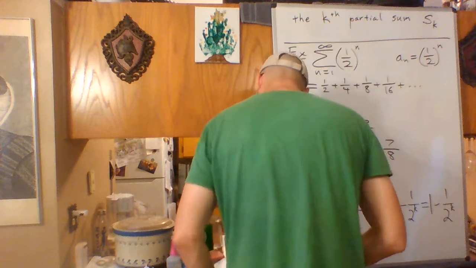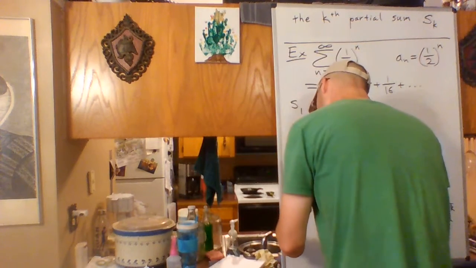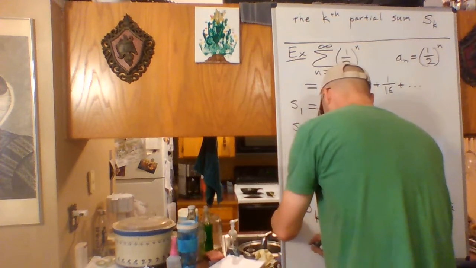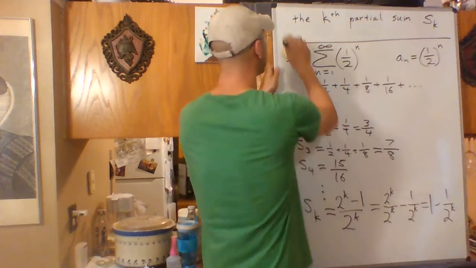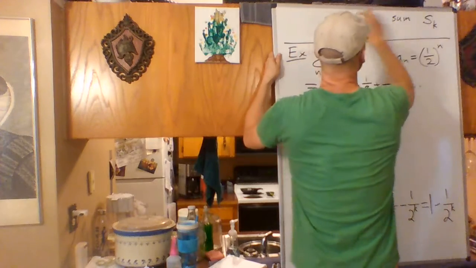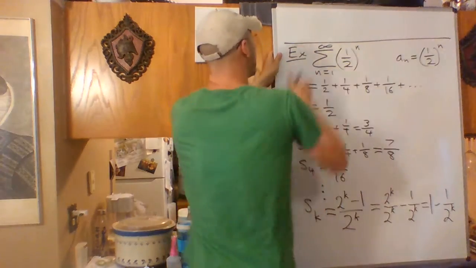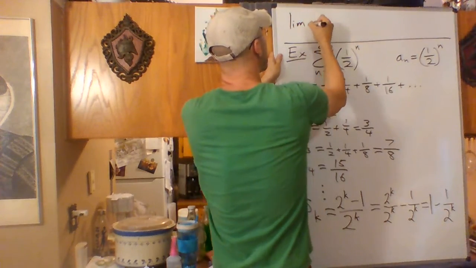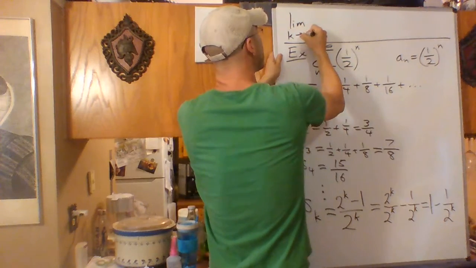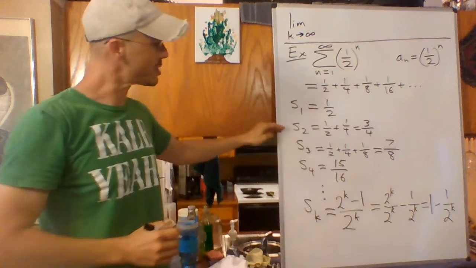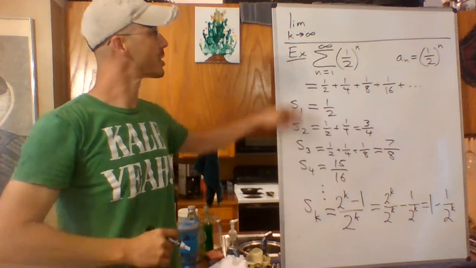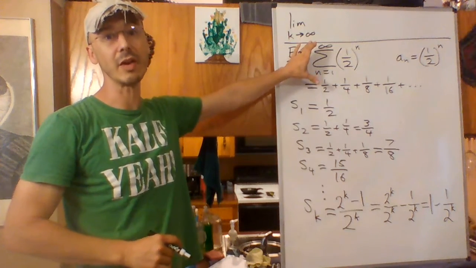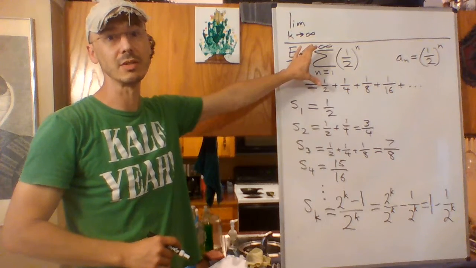And if we look at the limit as k goes to infinity of this sequence of partial sums, this is exactly what we're going to define as the value of this infinite series.